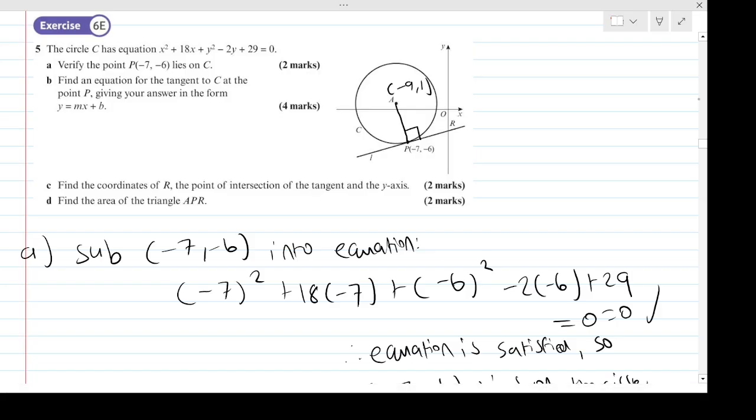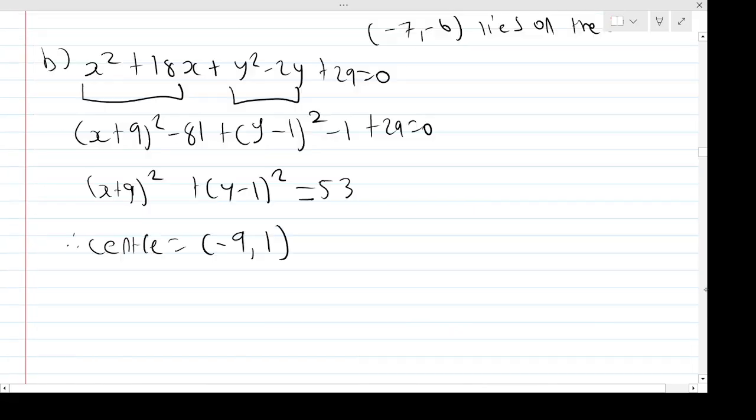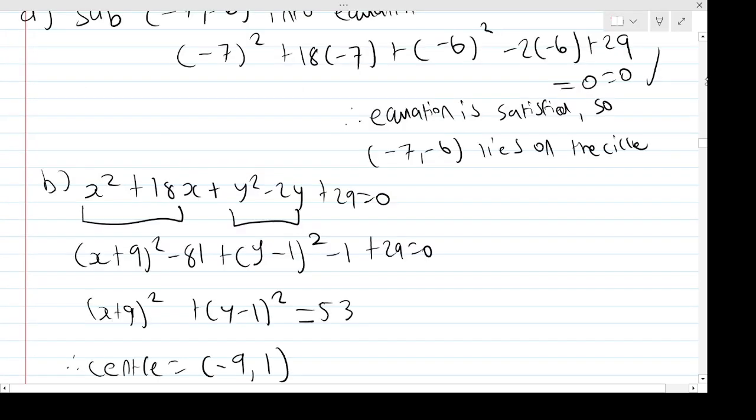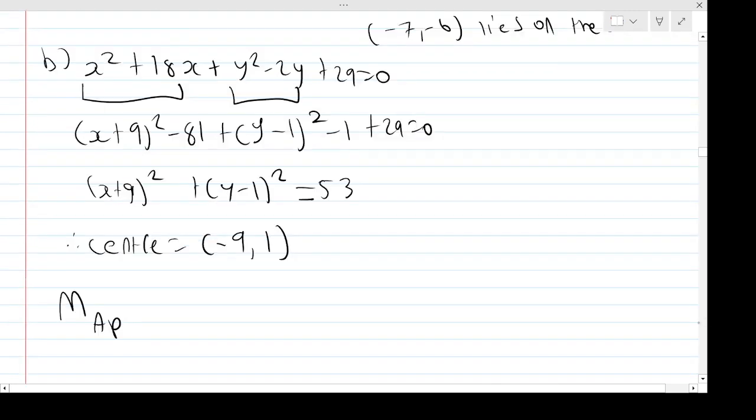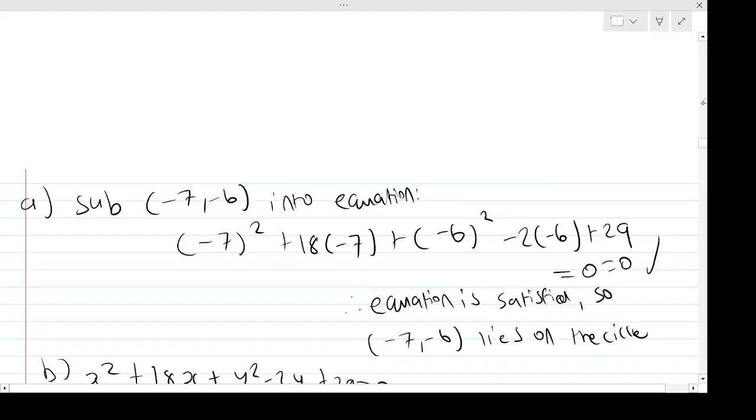So now I know two points on the radius, the radial line there. I can work out the gradient, which then helps me because it's perpendicular, so I can work out the other gradient as well. So the gradient between the point A and P, where A is the centre and P is the point on the circle connecting to the radius: that's change in y over change in x between the two points.